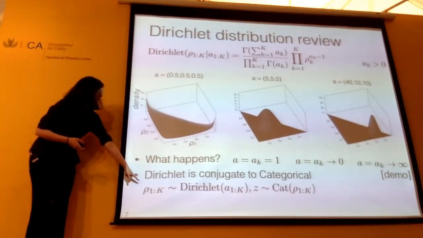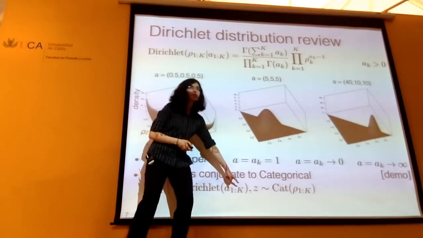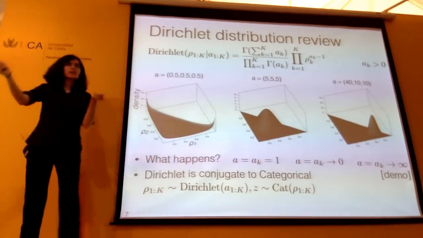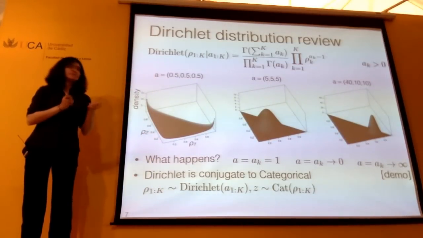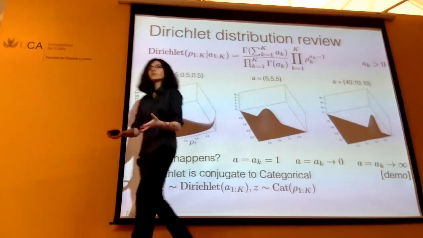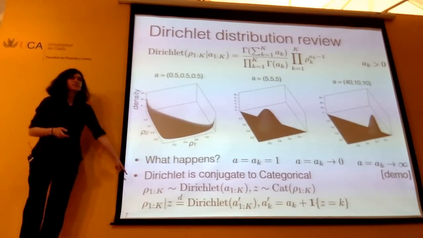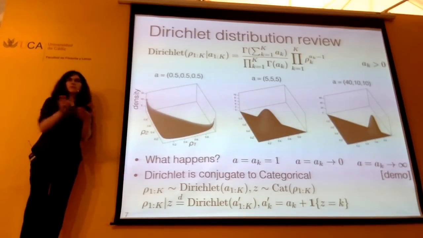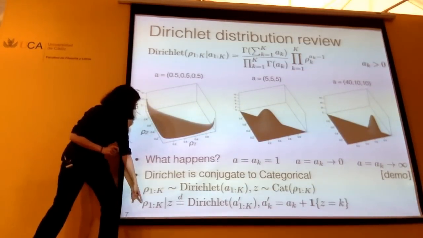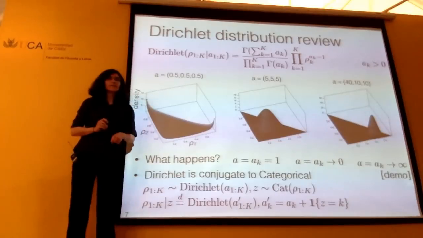So if I draw my rhos from a Dirichlet distribution with parameters A1, A2, A3, A4 to A capital K, and by the way, this is what this notation means: I'm just taking this vector A1 through A capital K. And if I now draw my z from the categorical of that, so it's 1 with probability rho 1, 2 with probability rho 2, etc., then I can check, and if this isn't clear to you, I definitely recommend just writing it down and doing it, that the posterior probability of these frequencies, of these probabilities, is Dirichlet distributed.